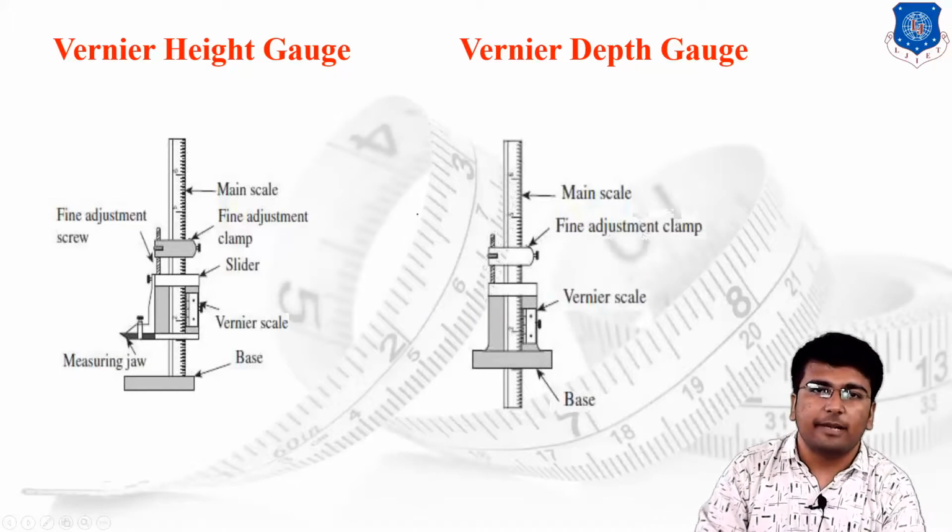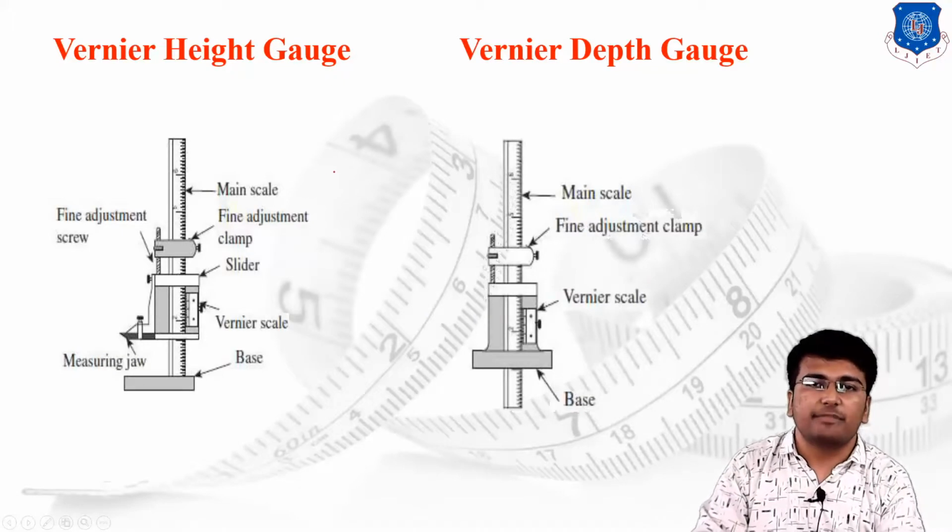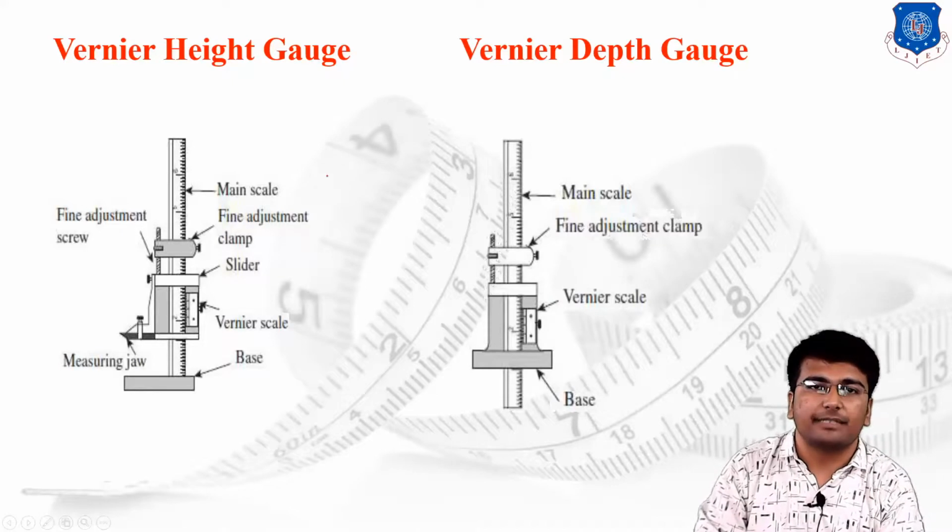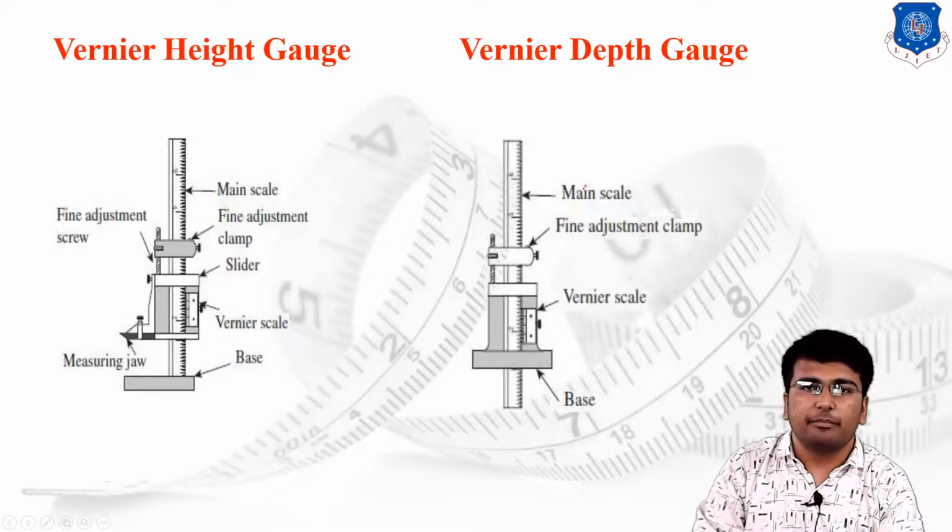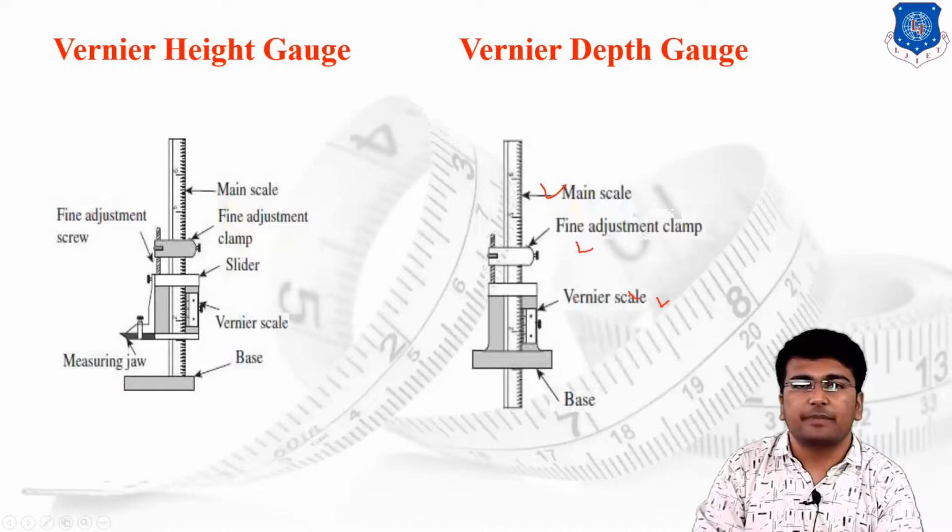The same way, I have placed both the figures on the same screen for proper comparison. Here the same main scale has been provided, a fine adjusting screw, the vernier scale, and the base.